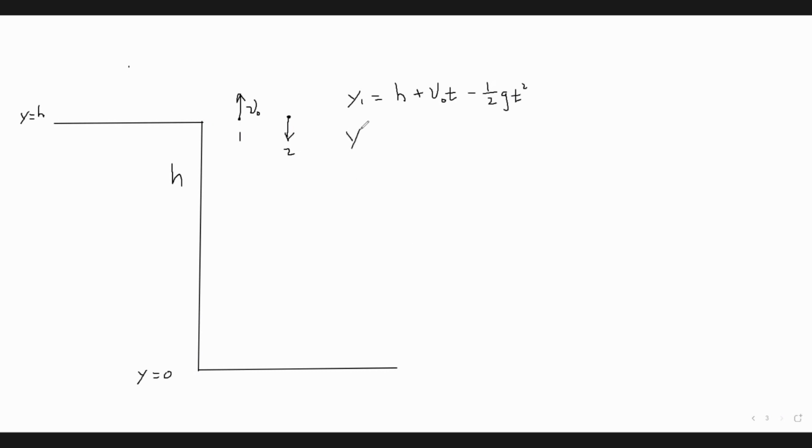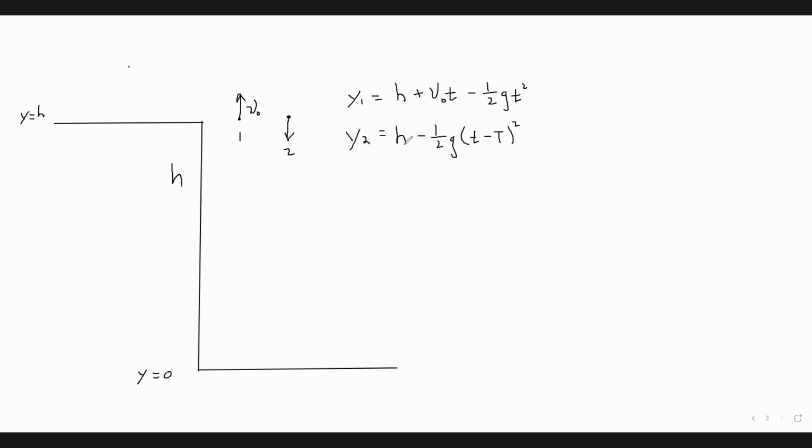And y2 is equal to h minus 1/2 g times (t minus capital T) squared, where capital T is the time delay. So little t is the time from throwing ball 1 up to when ball 1 hits the ground. Or at least that's what we're going to interpret it, because we're going to set y1 equal to 0. T minus capital T is the amount of time that ball 2 is in the air after it's been dropped.